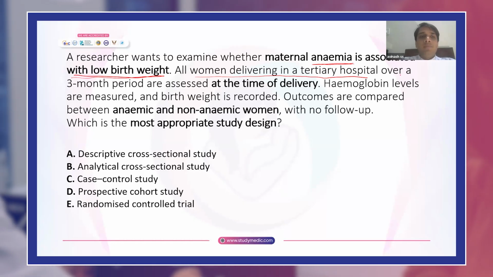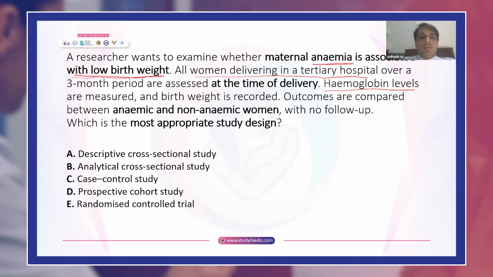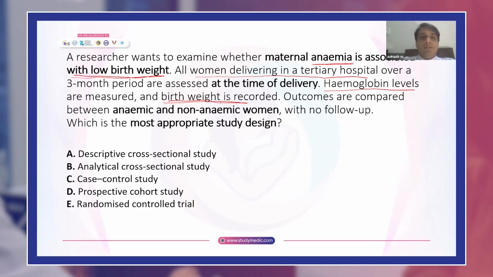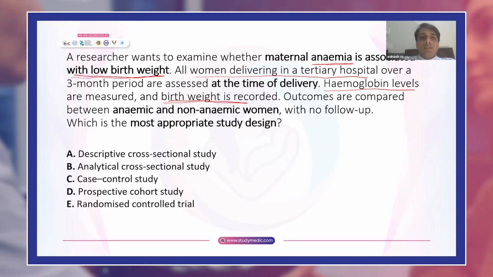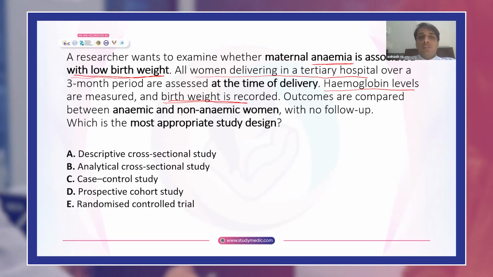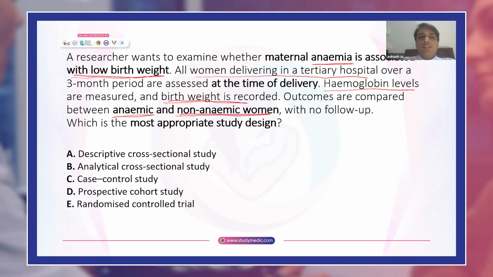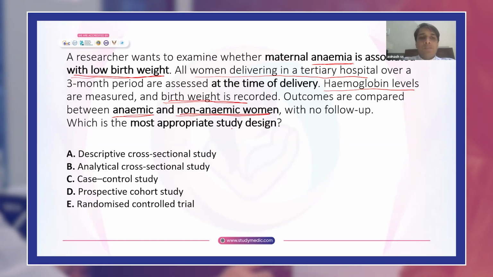Hemoglobin levels are measured and birth weight is also recorded. These are the two variables they measure. The outcomes are compared between anemic and non-anemic women. That means there are two groups, classified with no further follow-up. What is the most appropriate study design?